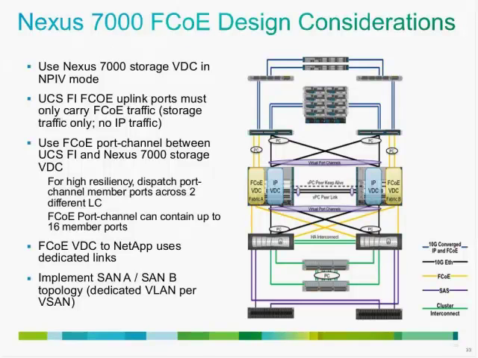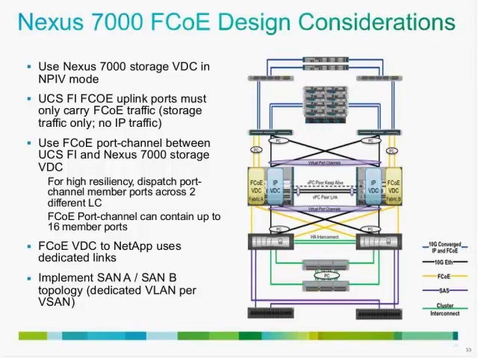Now we discuss some of the highlights of this design. How is this design a little different from the Nexus 5K based design? One of the differences is, as I mentioned earlier, we have a separate VDC for the SAN and a separate VDC for the LAN. On the LAN side, the configuration is fairly similar to Nexus 5000. You have the virtual port channel aggregating your LAN ports both up to the UCS and down to the NetApp filers.